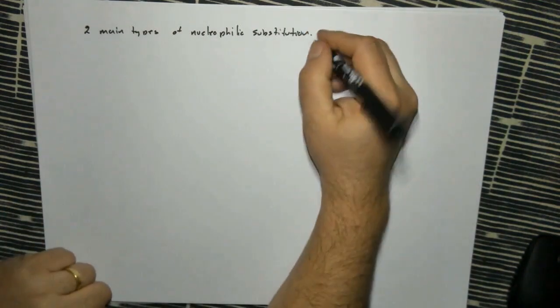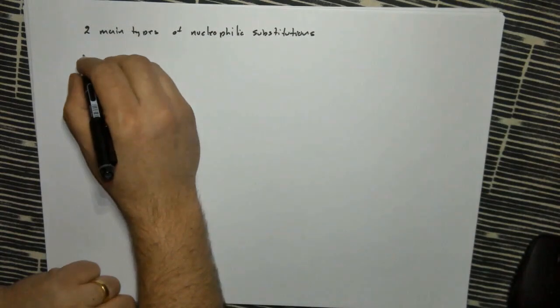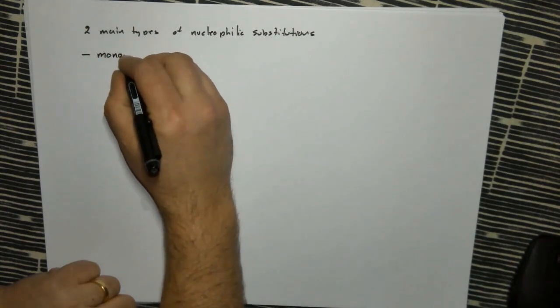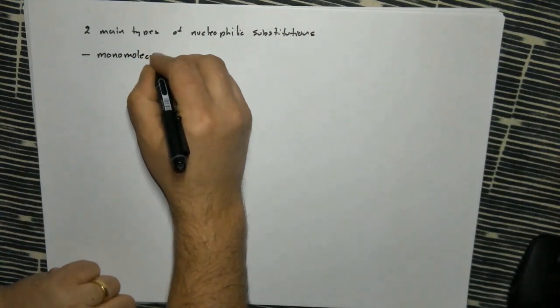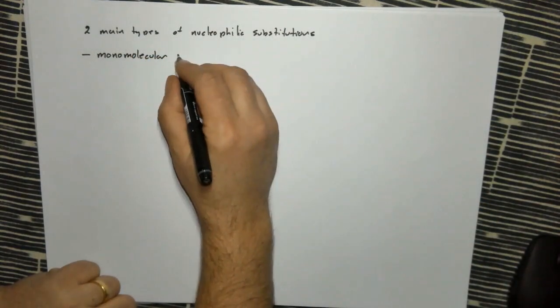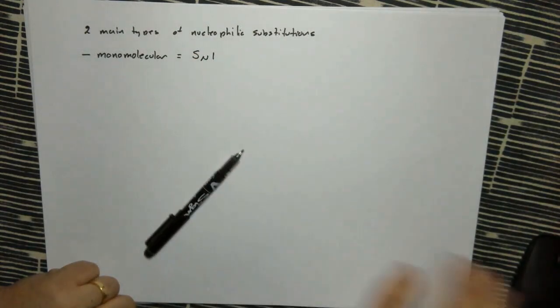They are referred to by their names, but I'm going to write here that one of them is what we call a monomolecular nucleophilic substitution, which is given the name SN1.